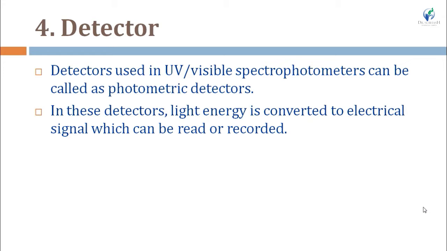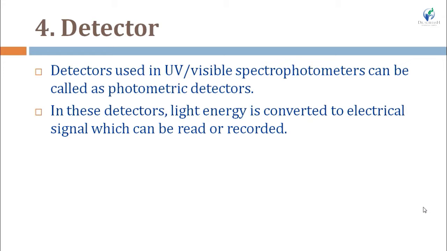So the main function of the detectors is to convert light energy into an electrical signal which can be read or recorded easily. And this light energy means the energy of the transmitted light, the light coming from the sample after passing through the sample.